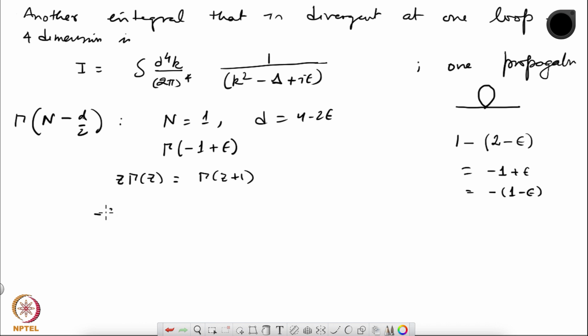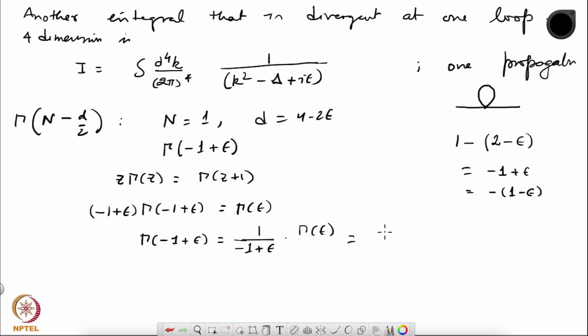So minus 1 plus epsilon times gamma of minus 1 plus epsilon is gamma of minus 1 plus epsilon plus 1, so that's gamma of epsilon, and this one I know. So gamma of minus 1 plus epsilon is 1 over minus 1 plus epsilon times gamma of epsilon, which is simply 1 over minus 1 plus epsilon times 1 over epsilon minus Euler gamma plus order epsilon terms.